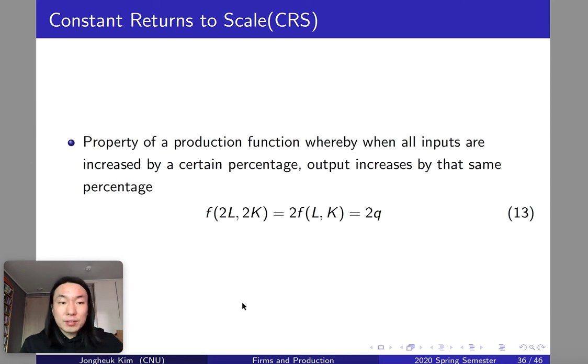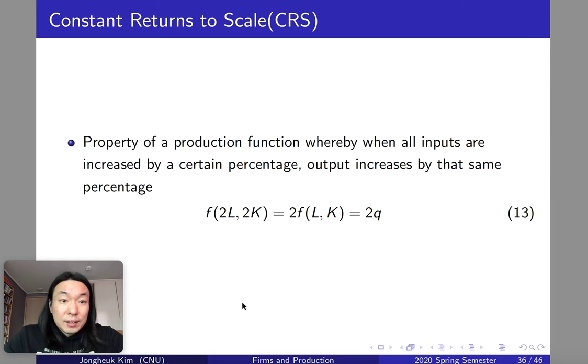So the CRS, or constant returns to scale, means that if you increase L and K by 2 times, then the output level will be exactly 2 times more than the original level. And this 2 is a specific example, so you can have a different number, like 3 or 1/2 or something.